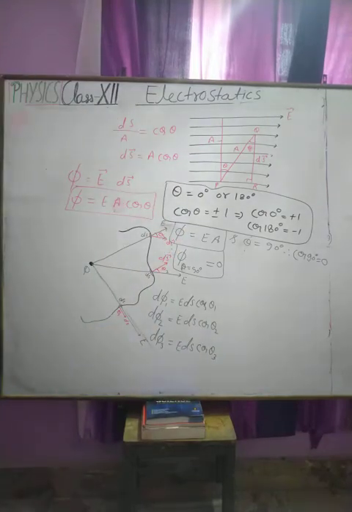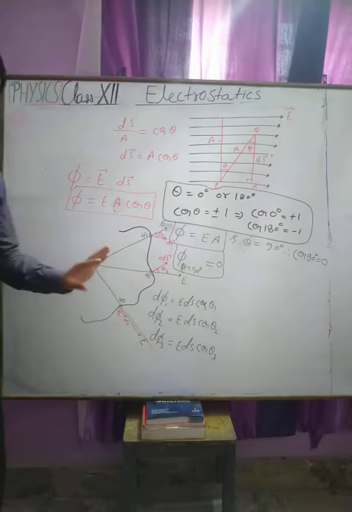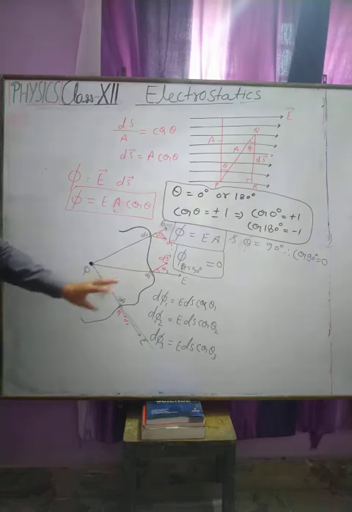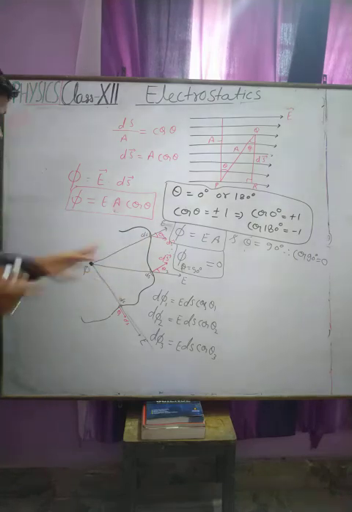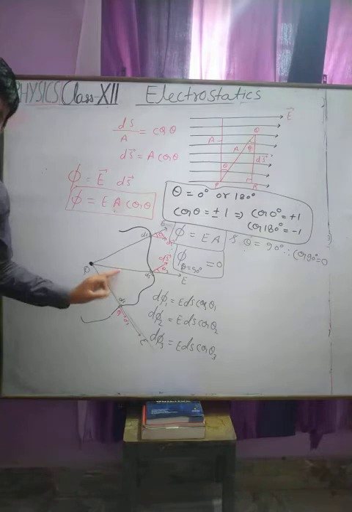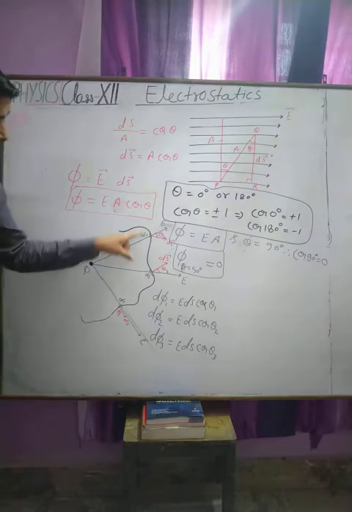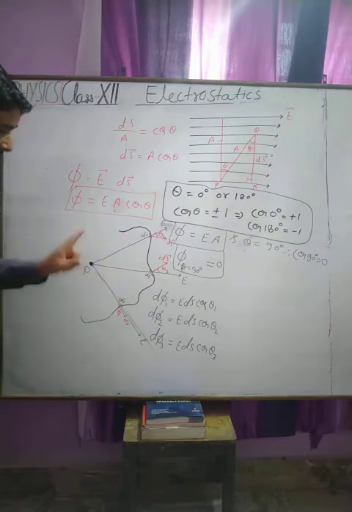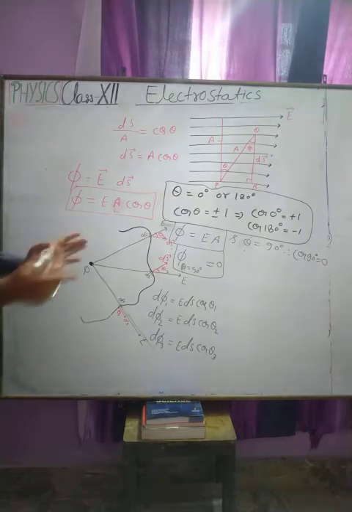So we can calculate for any shape of surface, at different points, the value of small electric flux for each small surface, and then we add all these.